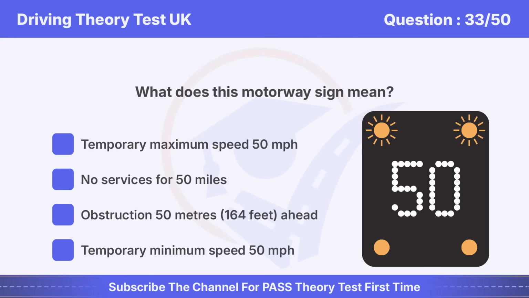Question 33. What does this motorway sign mean? Answer is A. Temporary maximum speed 50 miles per hour.